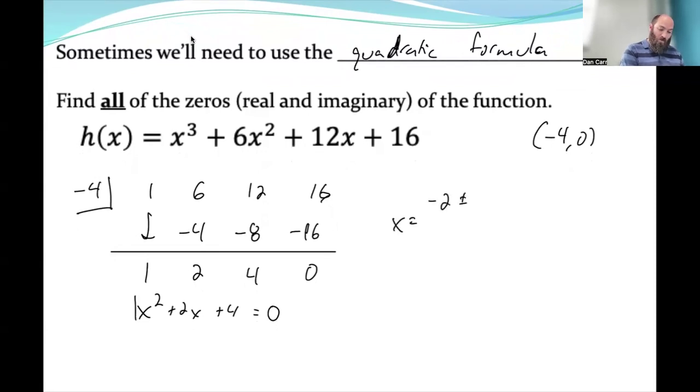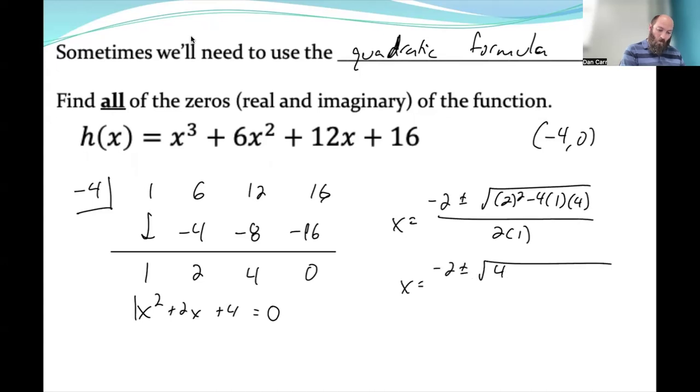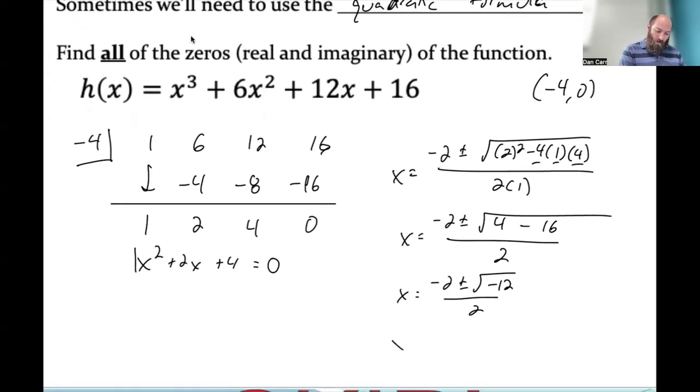So it's going to be -2 plus or minus the square root of 2 squared minus 4 times 1 times 4, all over 2 times 1. So that's -2 plus or minus the square root of 4 minus 16 when I multiply those together, all over 2. So it's -2 plus or minus the square root of -12 all over 2. I'm going to break down the -12 here.